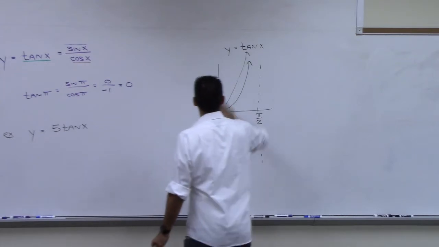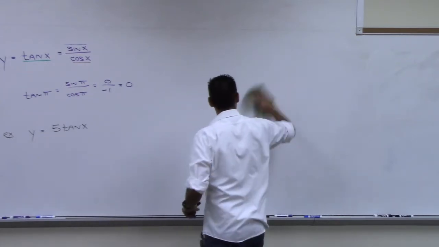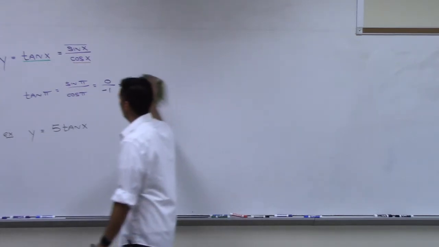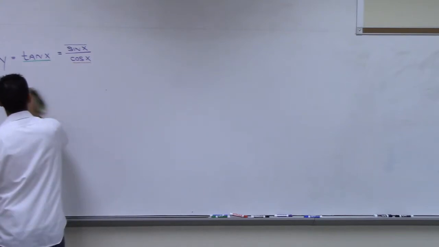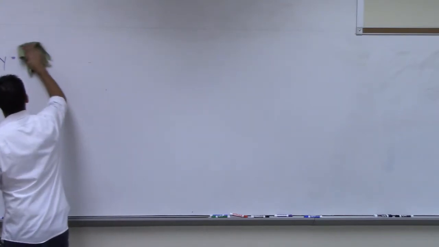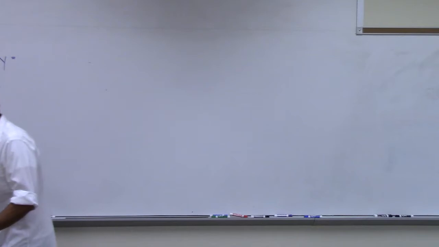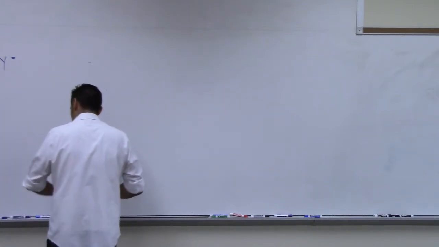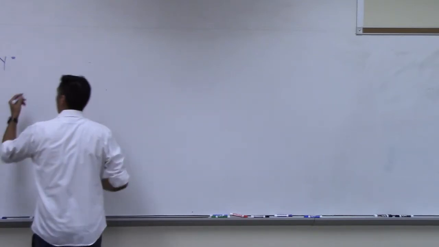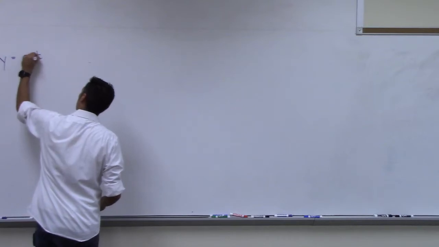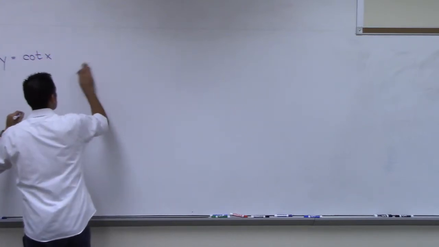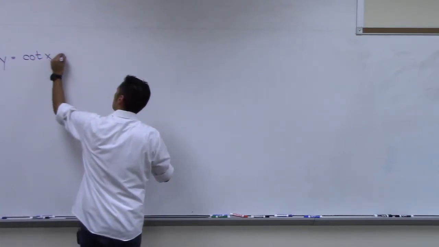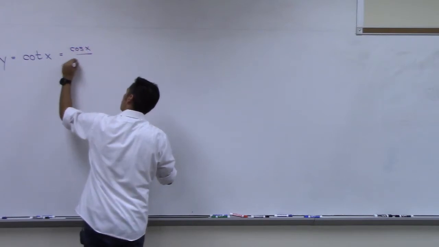Okay, let's take a look at cotangent. I'm going to go right to cotangent now, and then I'll maybe be able to do one example I really am interested in doing. All right, cotangent x. The only difference between tangent and cotangent in terms of the setup is that it's cosine x over sine x instead.